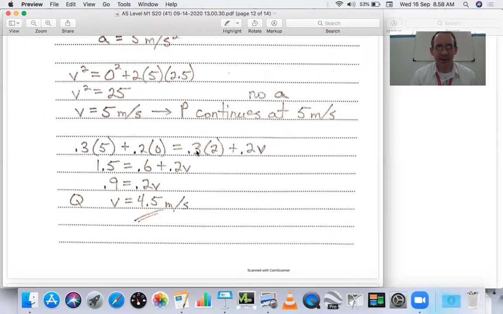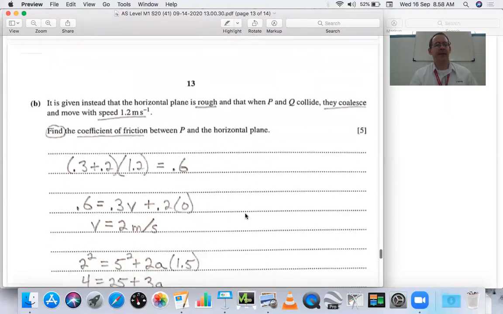So it's said that particle P at 0.3 kilograms continues to move at 2 meters per second. And so our 0.2 mass for particle Q times its velocity, which is what we're solving for. So subtract the 0.6 over, you get 0.9 divided by 0.2, means particle Q will continue on with a velocity of 4.5 meters per second after the collision.